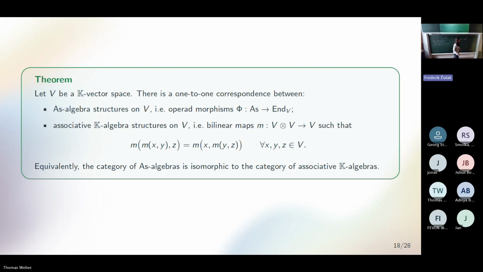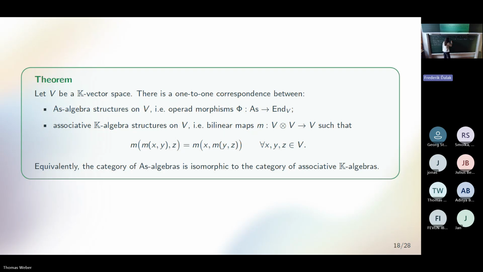This is a family of maps. And mu_2 is the unique generator of the operad As in arity 2. And we define F on morphisms to be the identity. So if we have f a morphism of As algebras, then we just define F(f) to be f, the identity on morphisms.